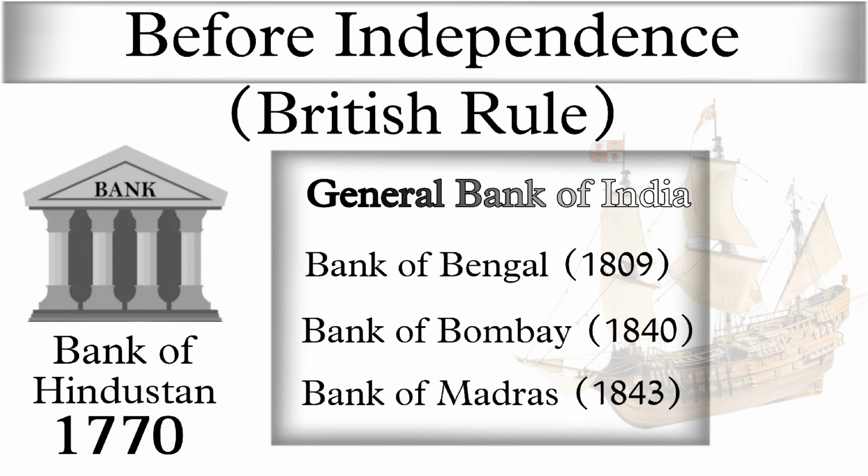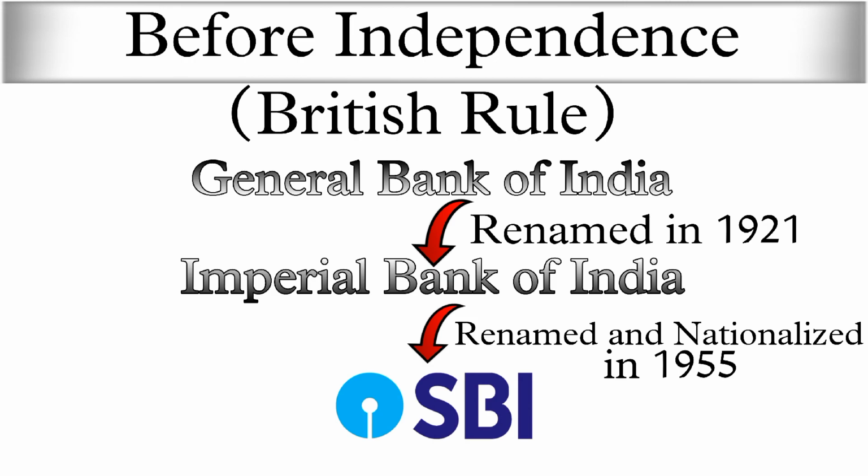In 1921, the Imperial Bank of India was established, which was a private bank that served as the Central Bank of India. The Imperial Bank of India later became the State Bank of India, SBI, in 1955 after it was nationalized.